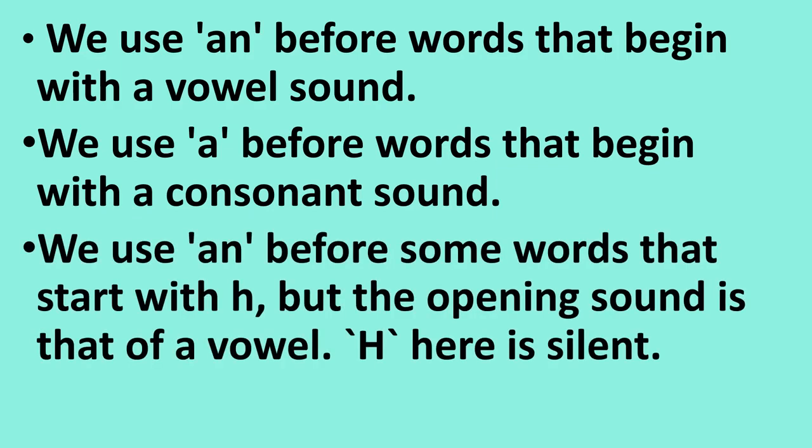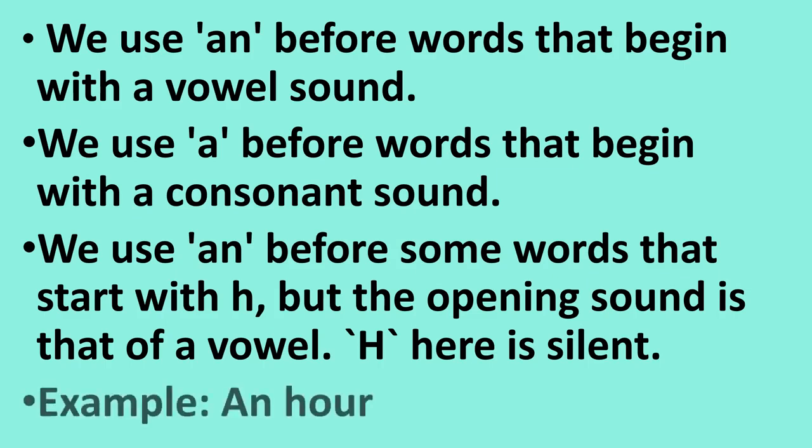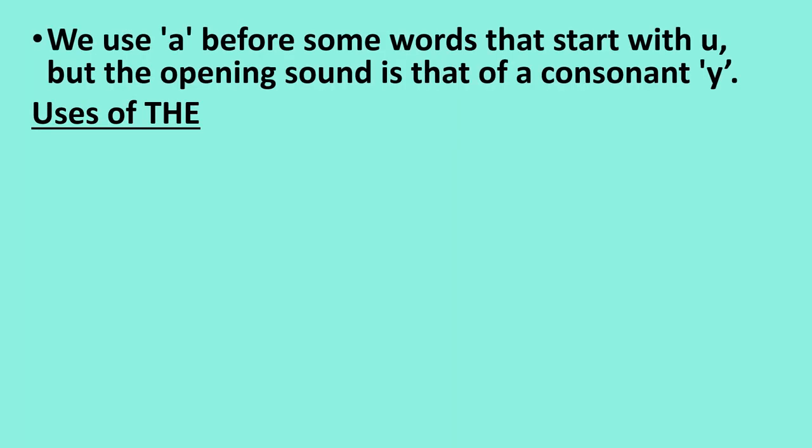We use an before some words that start with H, but the opening sound is that of a vowel. H here is silent. For example, an hour. We use a before some words that start with U, but the opening sound is that of a consonant, Y.